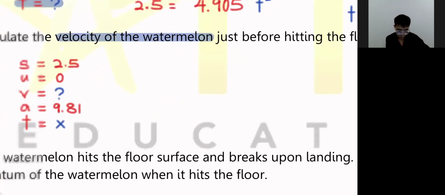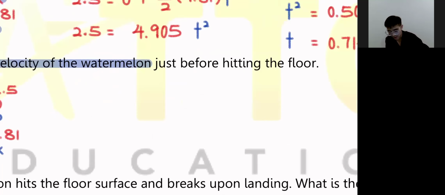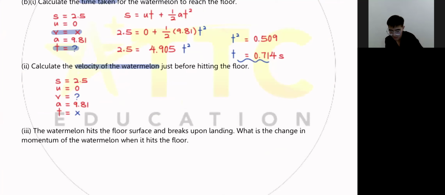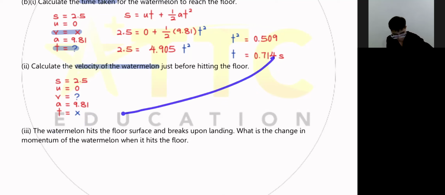But we will assume that you don't have it, because there is a possibility you calculated this answer wrongly. If you calculate this answer wrongly and put it here, then even if you do the later calculations correctly, the value you use is wrong, so your answer will be wrong also.